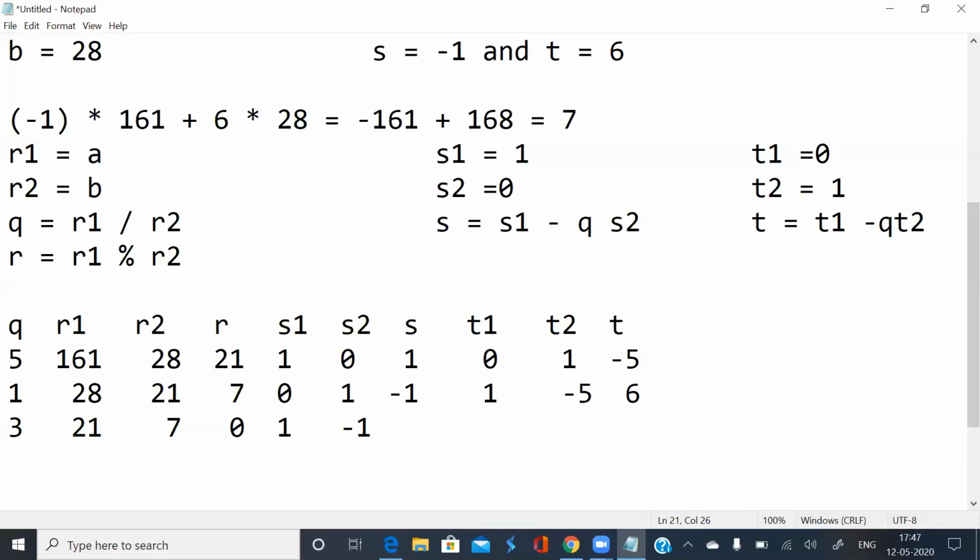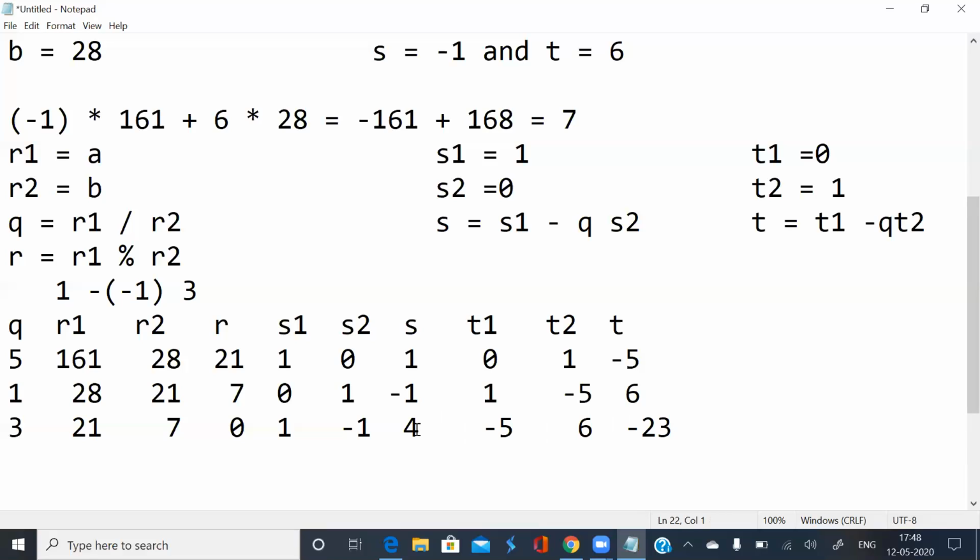How much is this going to be? 1 minus of -1 into 3. So this is then 4. This is -5. This is 6. 6 into 3, 18. 18 minus 5, minus 23.